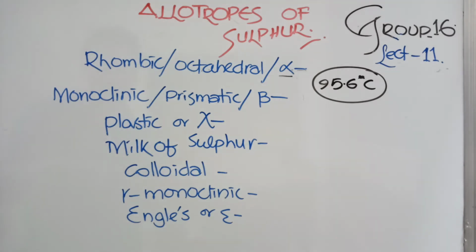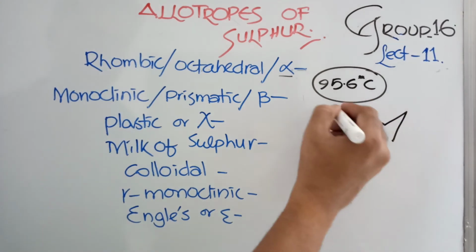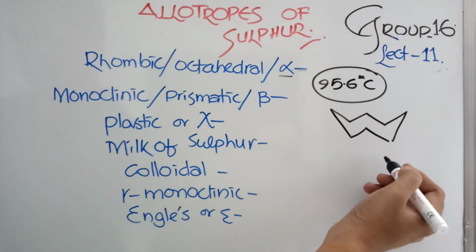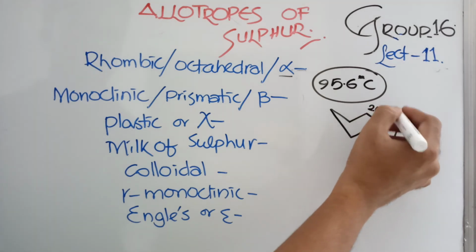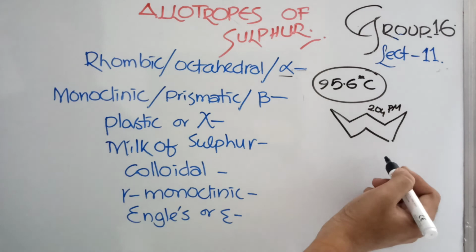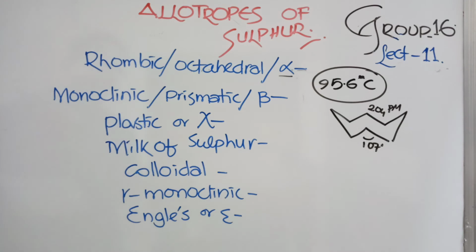The rhombic sulfur structure will be crown shaped, as we discussed in past classes. The sulfur-sulfur distance is 204 picometers and the angle is approximately 107 degrees, because of two lone pairs on each sulfur.